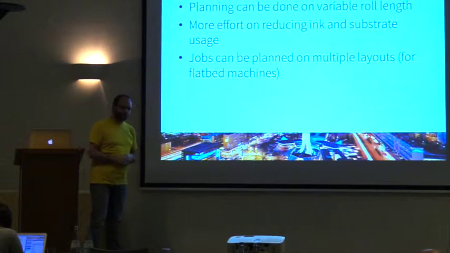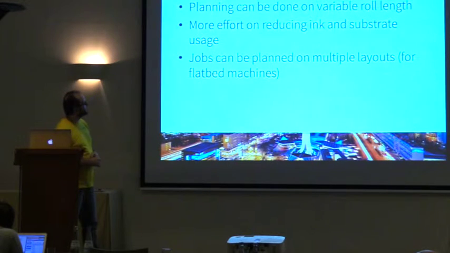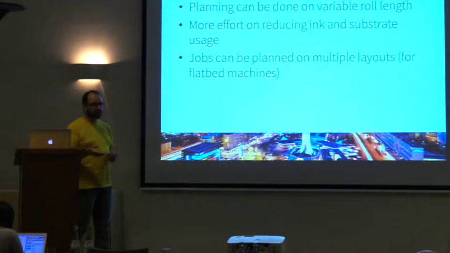The other thing you'll notice, and that comes with a little bit more calculation time as well sometimes, is that IMP will put more effort on, or more stress on, reducing ink and substrate costs.